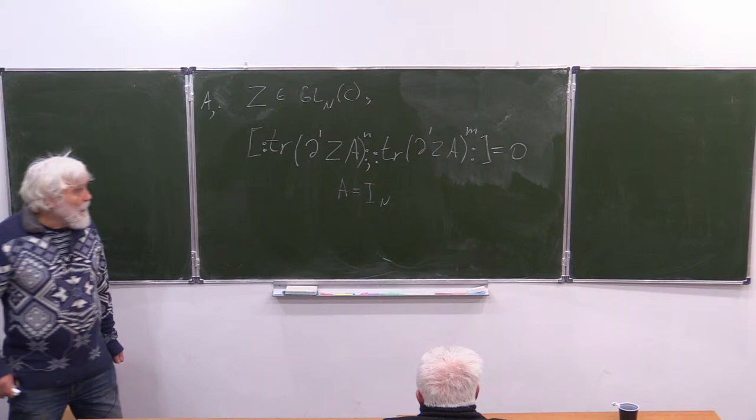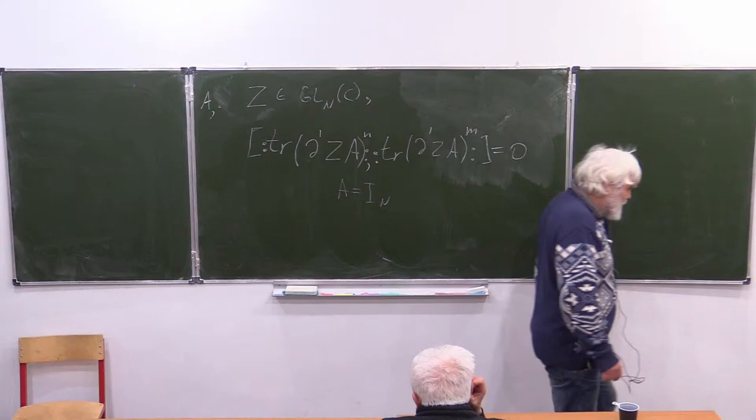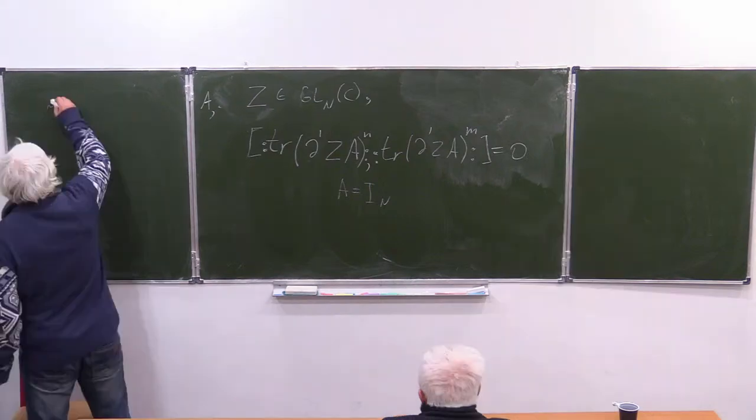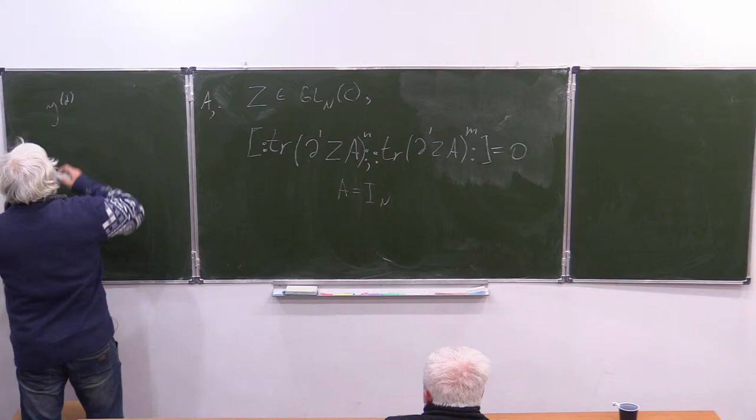People know that eigenfunctions of quantum Calogero operators are Jack functions with parameter alpha. And when the parameter alpha is equal to 1, it is the Schur function. Should I explain what a Schur function is, the definition? Better to explain what the quantum Calogero model is.